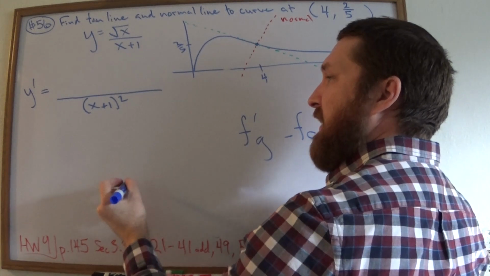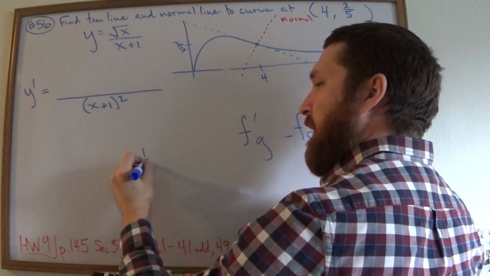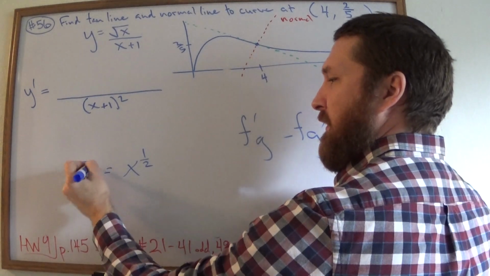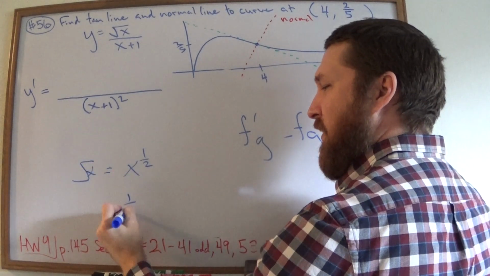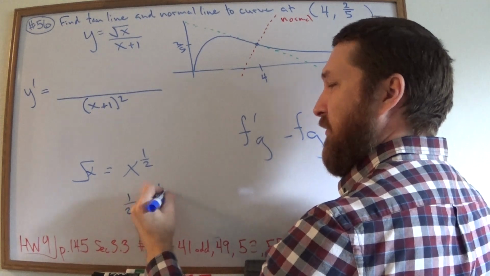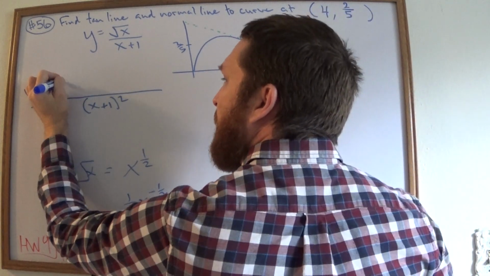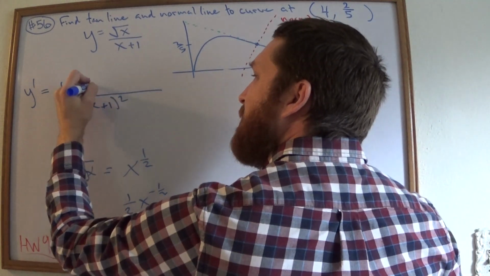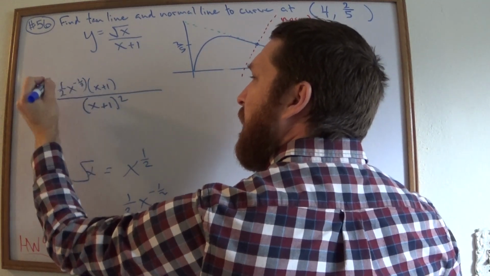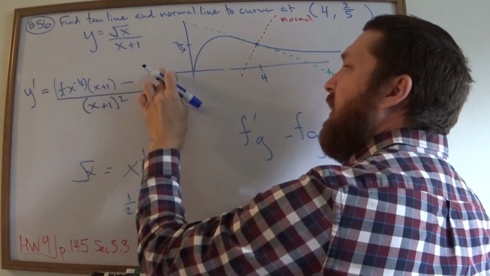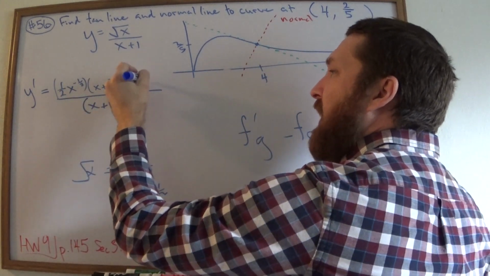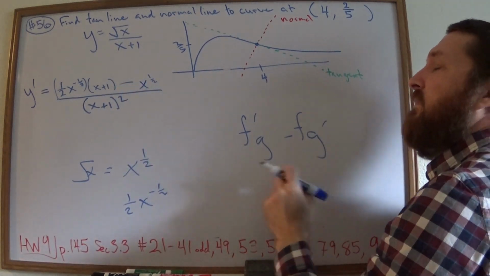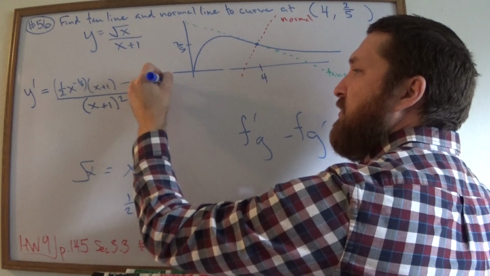What's the derivative of x to the 1/2? 1/2 times x to the negative 1/2. So take the derivative of the top stuff, leave the bottom stuff alone. Subtract off, leave the top stuff alone, take the derivative of the bottom stuff, which is 1.